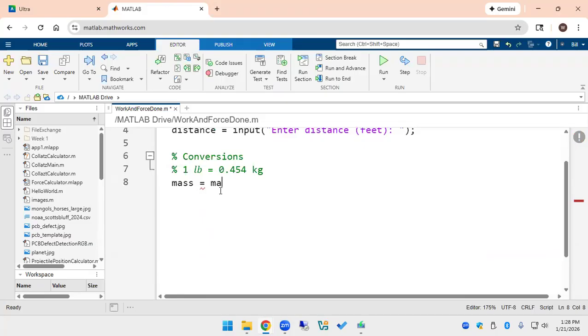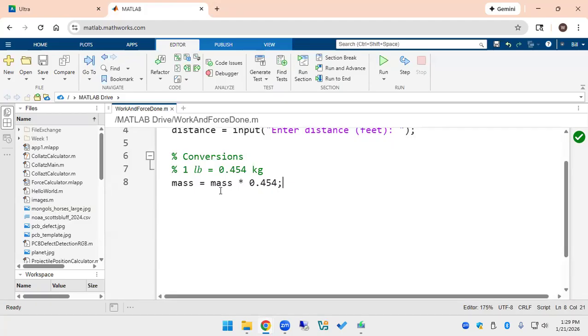We can take mass times 0.454. Will that give us the correct conversion? Yes. Even if you don't know the answer for sure, be confident in your responses because people may just take your word for it.